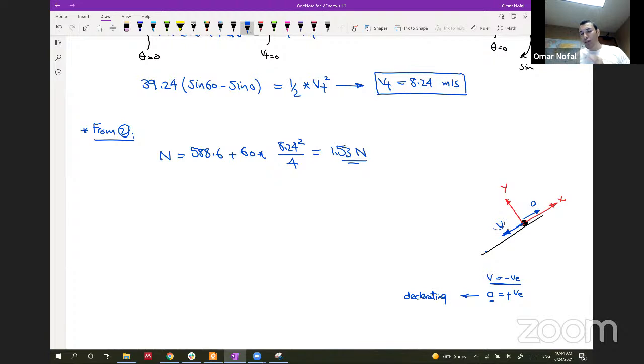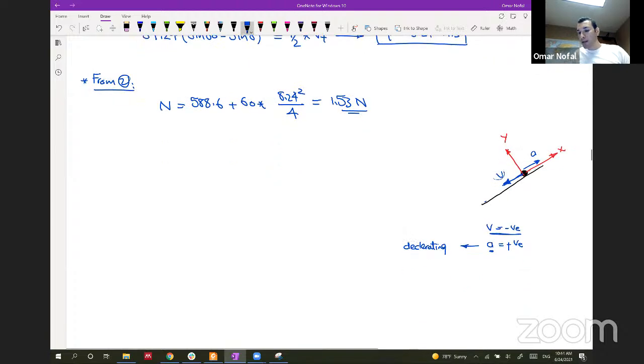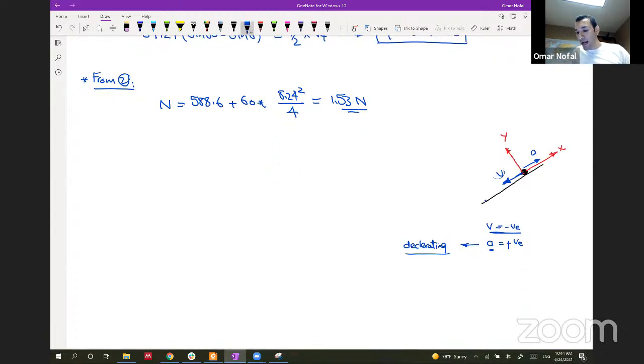So if you want to know for sure if the body is decelerating or accelerating, you will have to look at the sign of v and the sign of a, and you multiply them together.